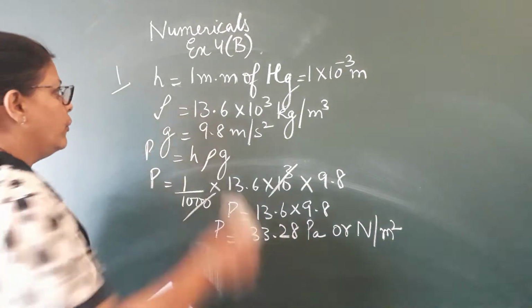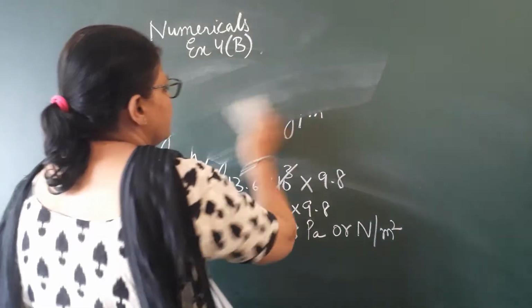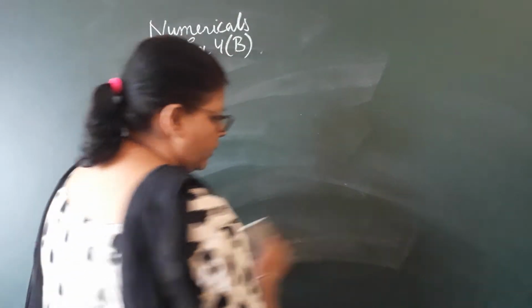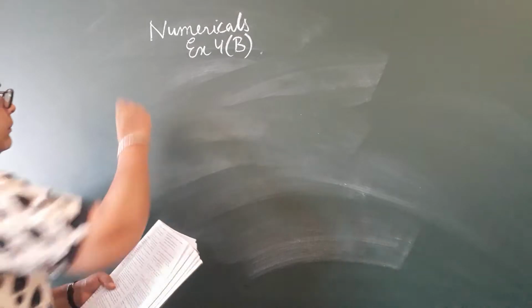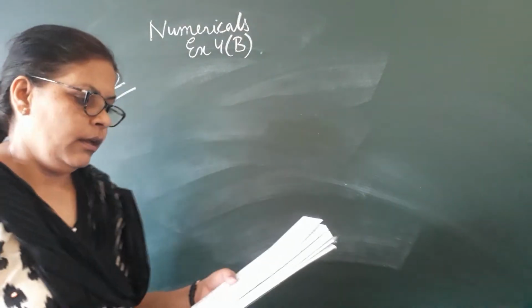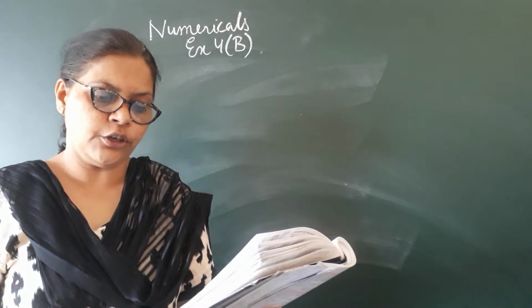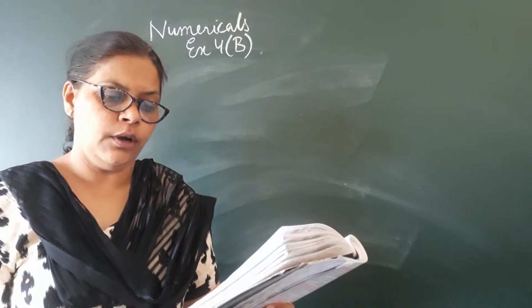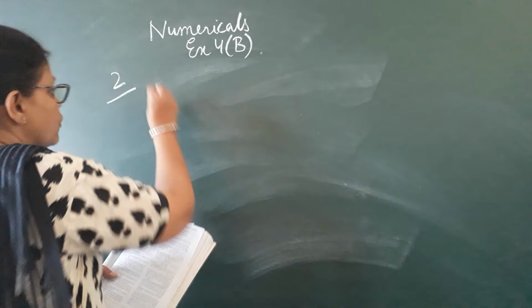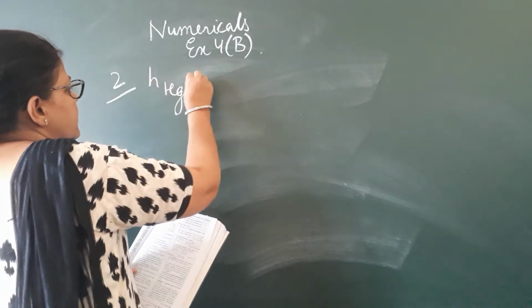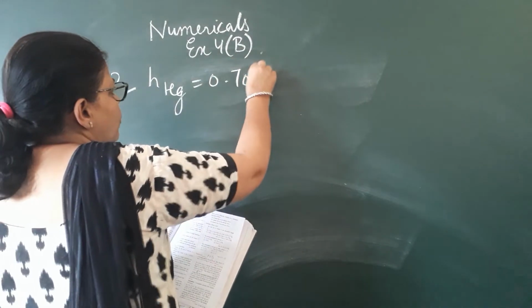Right children? Now I am going to erase this and read out the second numerical for you. Now in the second numerical problem, it has been given that at a given place a mercury barometer records a pressure of 0.70 meters of mercury. So the height of mercury is 0.70 meters.